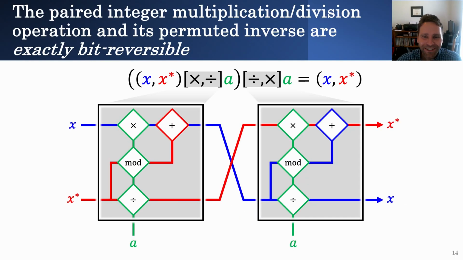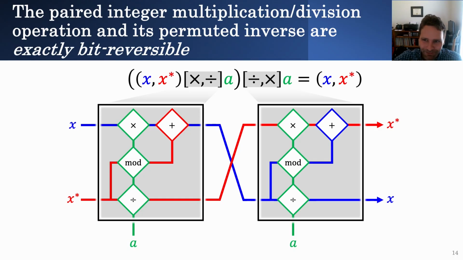Now, it turns out that this gate is really its own inverse. And you can obtain its inverse by permuting the inputs, x and x star, to obtain basically the paired multiplication division operation, or the reverse, the division multiplication operator. So it's a perfectly reversible operation.